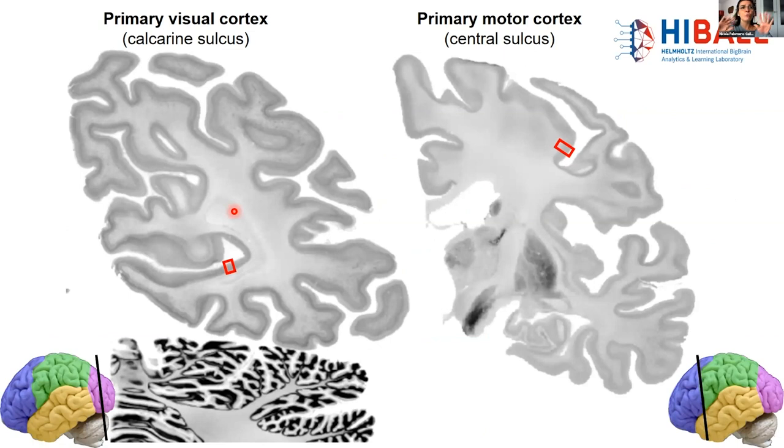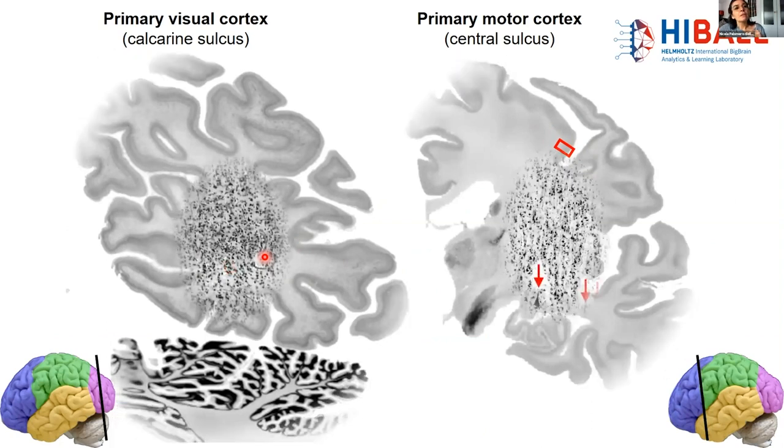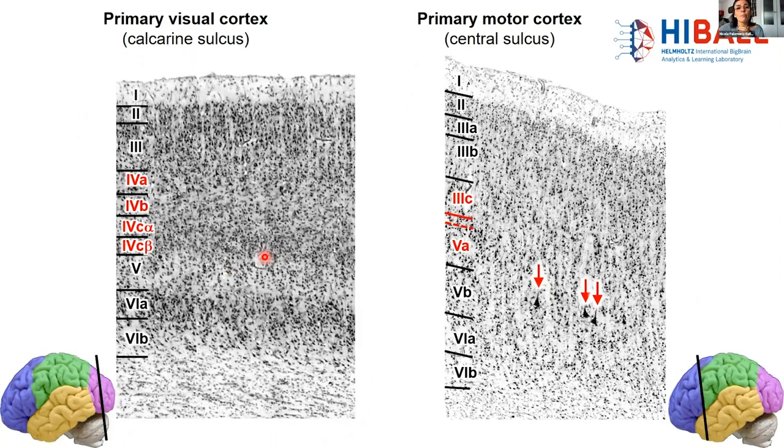They constitute 2 extremes. And if we zoom in to this part of the section from BigBrain that is highlighted by these red frames, we can see that the distribution of cell bodies in the primary visual cortex differs considerably from that in the primary motor cortex. In the visual cortex, you can see more horizontal stripes than in the motor cortex.